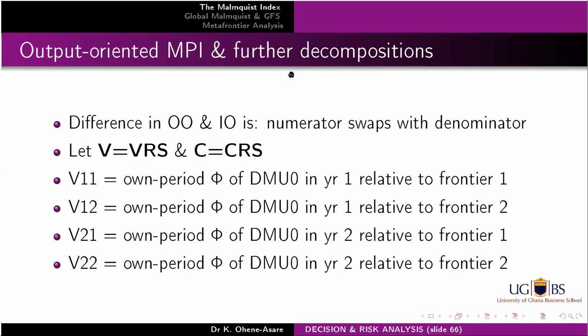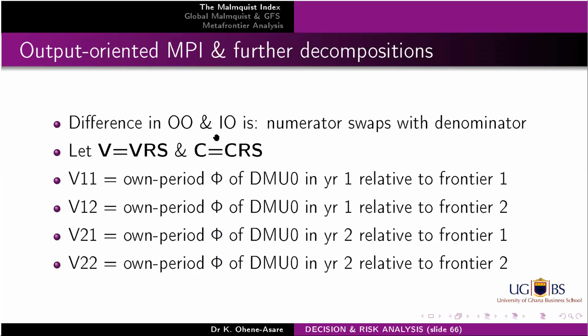Okay, so before we do the software analysis, I want you to understand some key terminologies first. In the R software we are going to use, there are some words you are going to see, and you want to appreciate them first. For example, there is a difference between output orientation and input orientation.